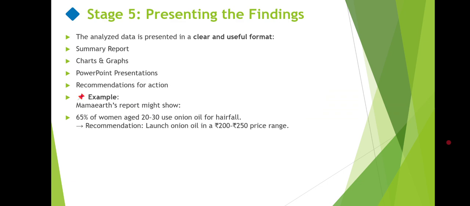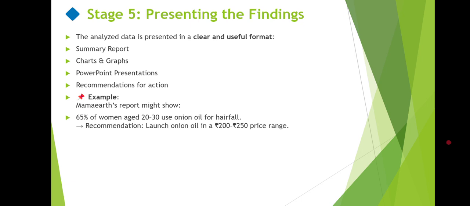Next we have stage 5, presenting the findings. The analyzed data is presented in a clear and useful format, and you have to prepare a summary report, and you also explain everything with the help of charts and graphs, and you can also show your data with a PowerPoint presentation, and also give recommendations for action.